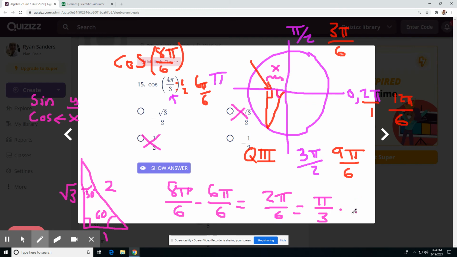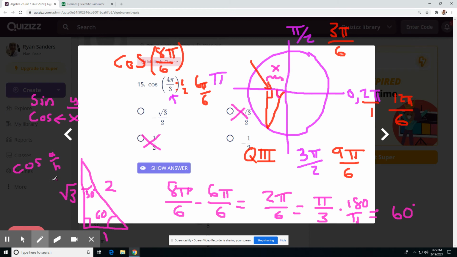So I would go ahead and use pi over 180, and it goes into it 6 times. The pi's cancel, so 60 degrees. Cosine is adjacent over hypotenuse.